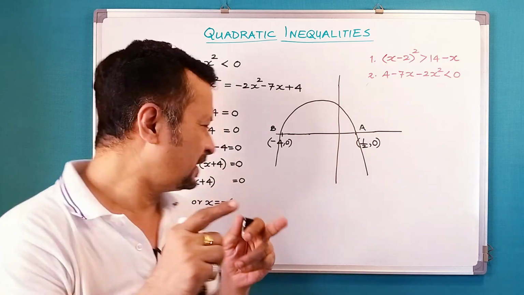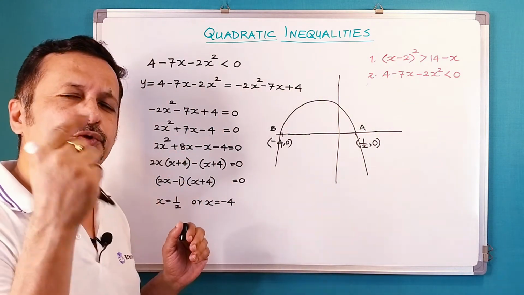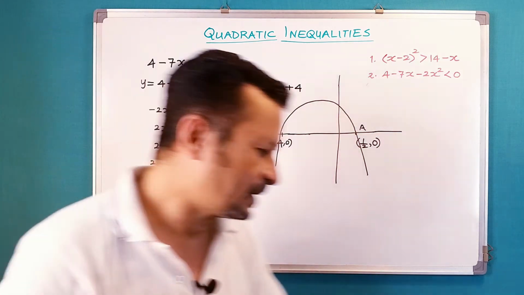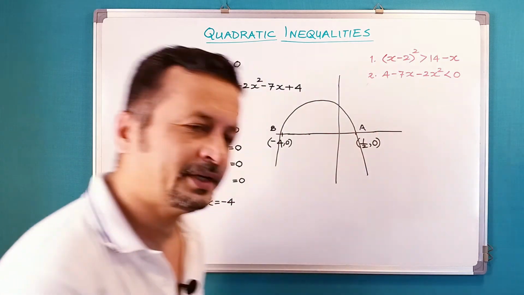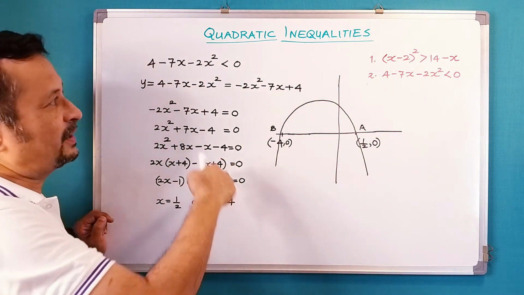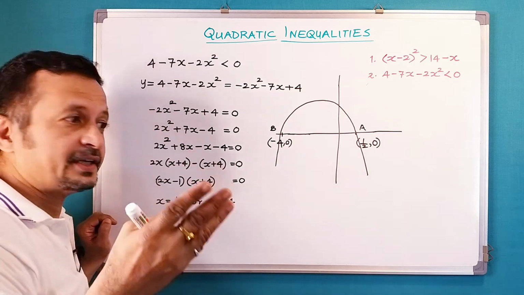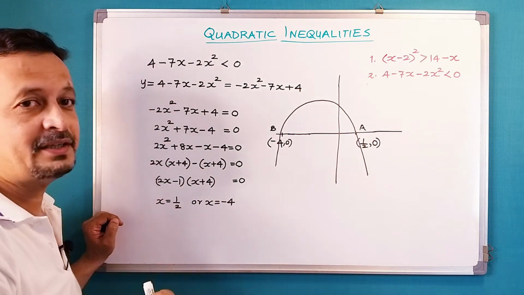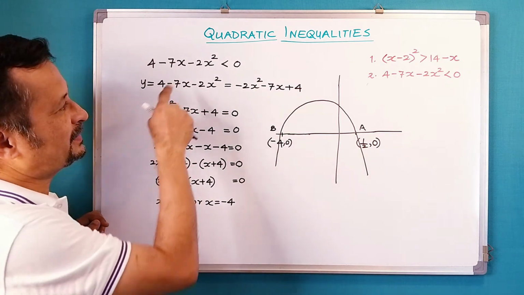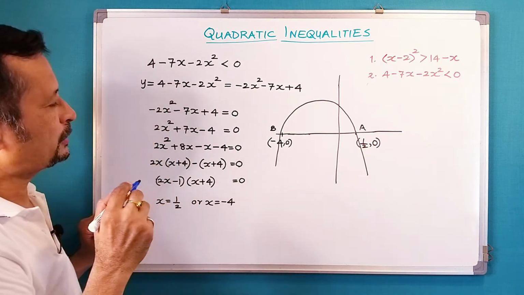Otherwise, how would you do it? Maybe I'll just try to do it here. I have taken this equality over here just for convenience, just for finding out what values of x I am getting for y equal to 0. So if I rewrite this inequality, how would that look like?